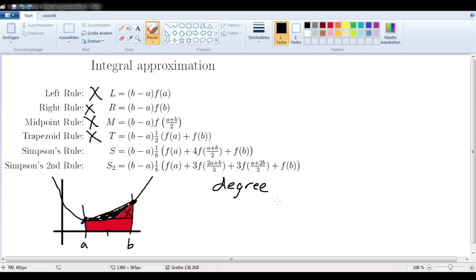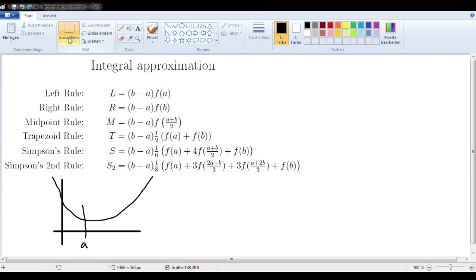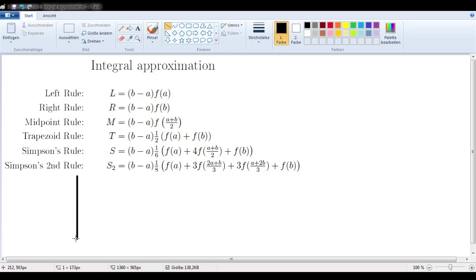So that means degree 1, right? So let's take a look and see if we can determine some sort of differences by looking at a graph of degree 1. So I have my axes here and my axes here. That one didn't work.